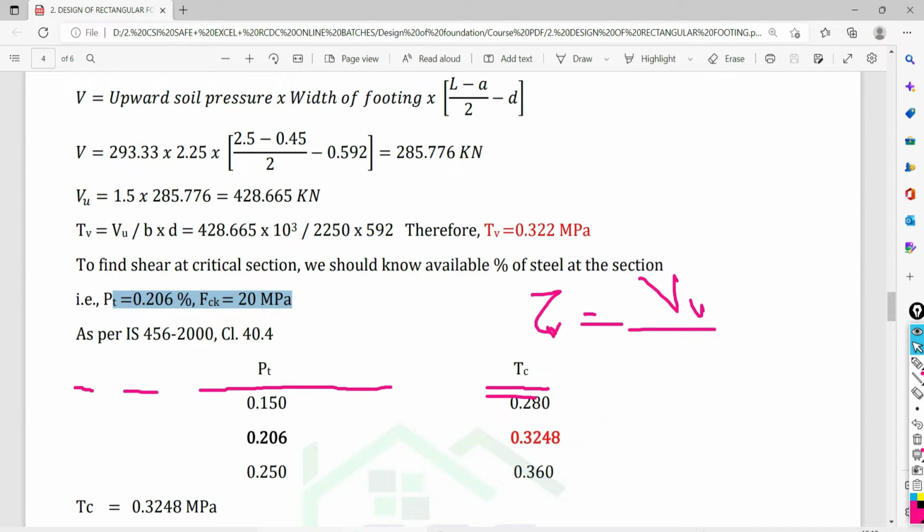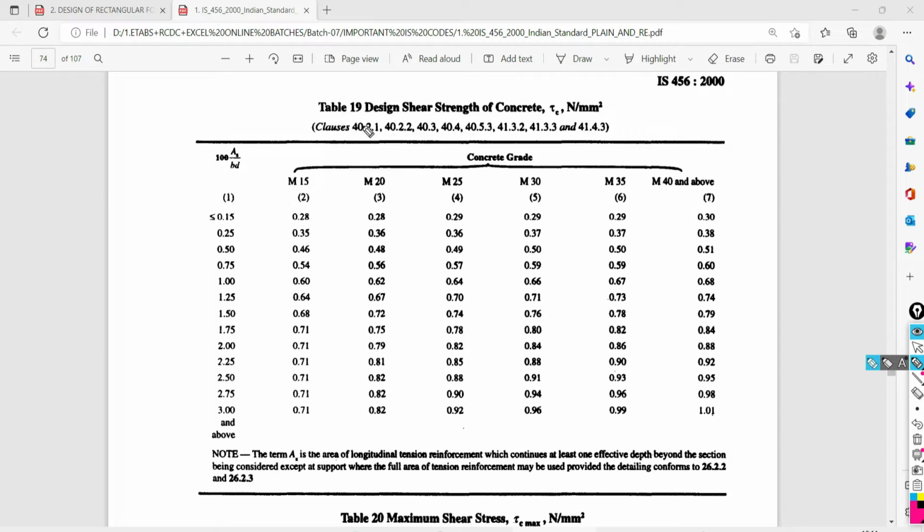So you need to look at IS code 456-2000 clause number 40.4. Let me show you. Look at Table number 19, the design shear strength of concrete. It depends on the grade of your concrete and the percentage of reinforcement available.